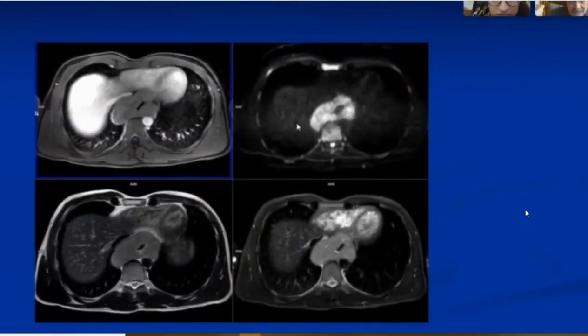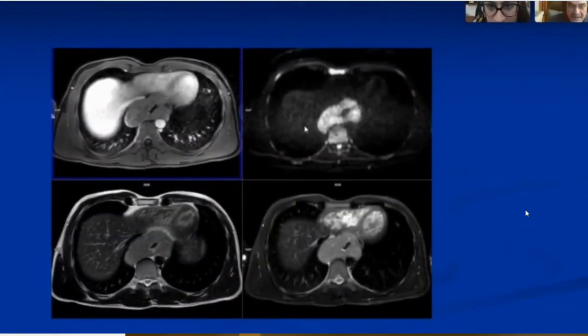We did an MR of this patient to make the differential between these two entities. What do you think after the MR? That's the T1 weighted post-contrast image, that's T2, and that's a diffusion weighted image, B800. So it's showing diffusion restriction.